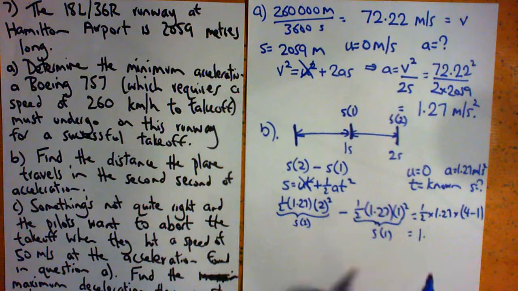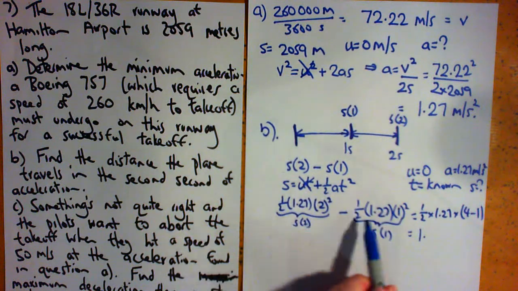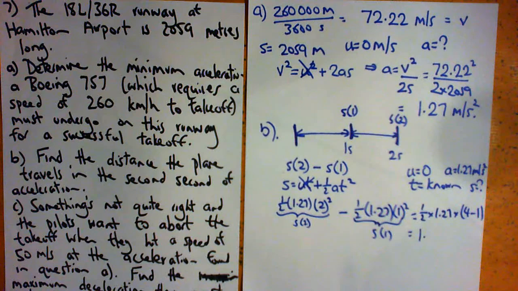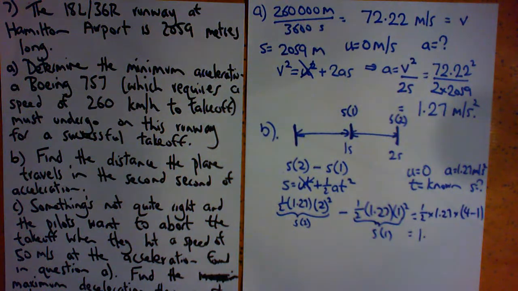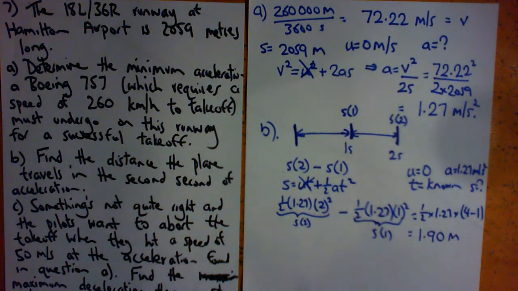We could just enter that line into the calculator, and we get 1.90 metres. That's how far it travels in the second, which is not very far, and that's not surprising because it's only beginning to accelerate, which means that it's not travelling very fast at that time.